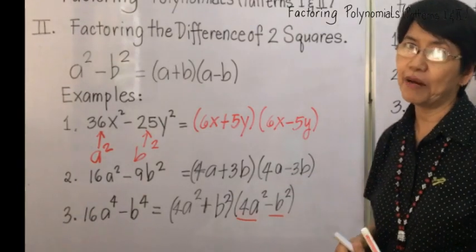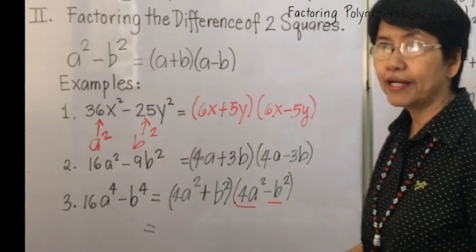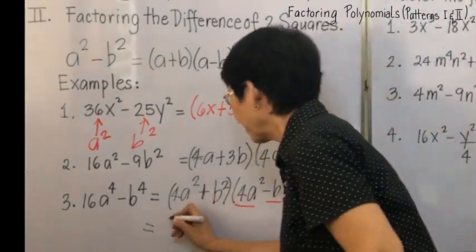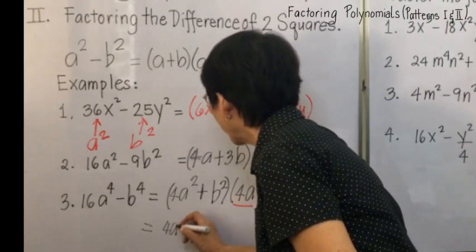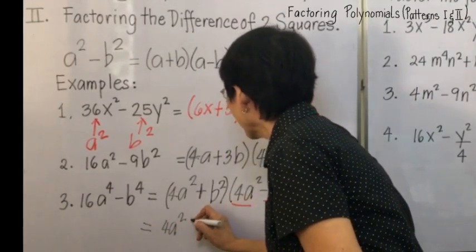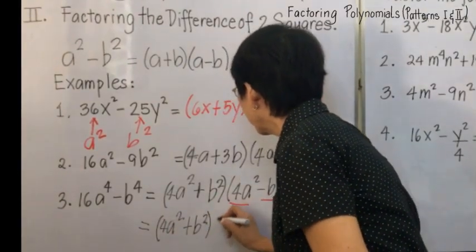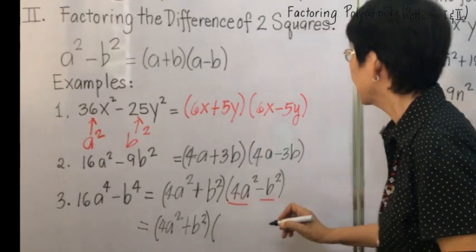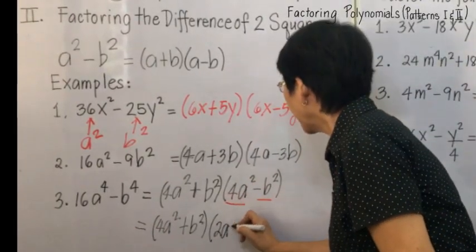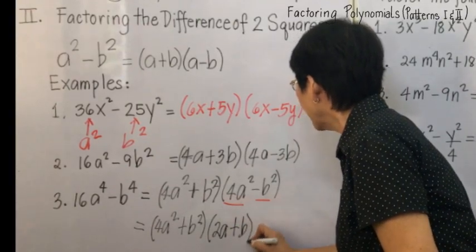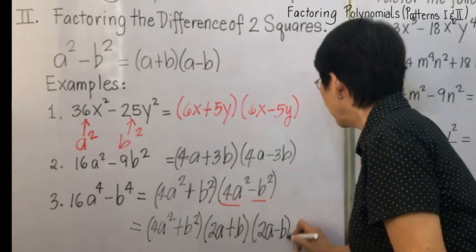So we have a second step. Copy the first factor and then factor the second one. 4a squared plus b squared times square root of 4a squared, 2a plus b, 2a minus b.